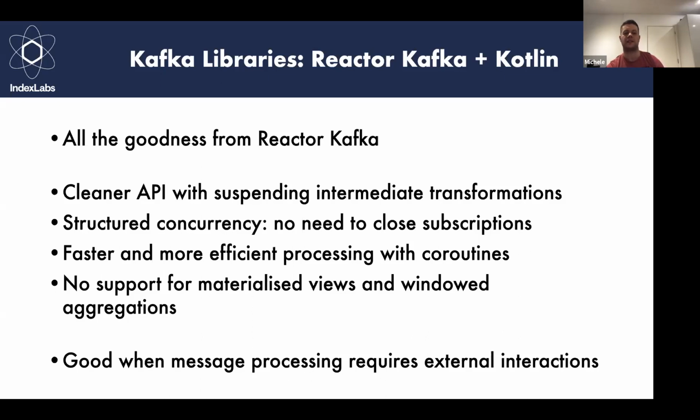So typically, if you use Reactor Kafka, you have to subscribe, do whatever you need to do, and then make sure you close the subscription. Otherwise, you end up potentially creating resource leaks and things like that. Now with Kotlin, given that you append this processing underneath a coroutine context, this is structured concurrency. So it means that at the end of the application lifecycle, it will be closed automatically, and you don't have to worry about these things too much.